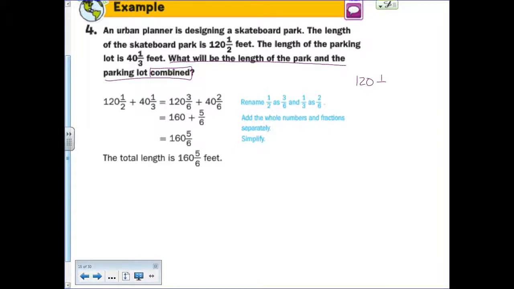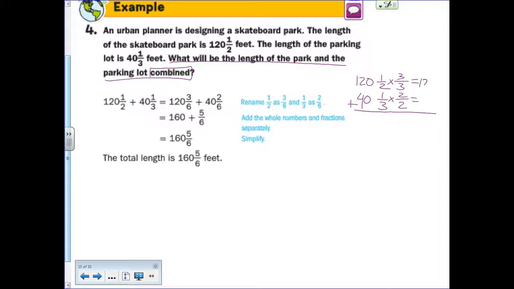So 20.5 feet and 40 1/3 feet. The good news is when I'm adding, I don't have to borrow. So I just need a common denominator, which in this case would be 6. And I'm going to multiply by 3 over 3 here, 2 over 2 here.